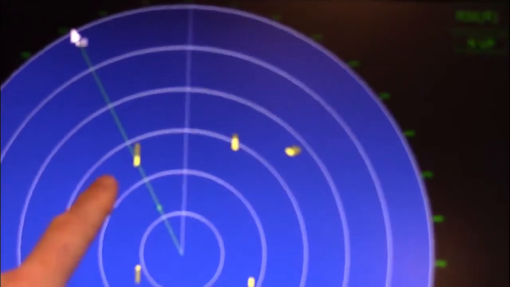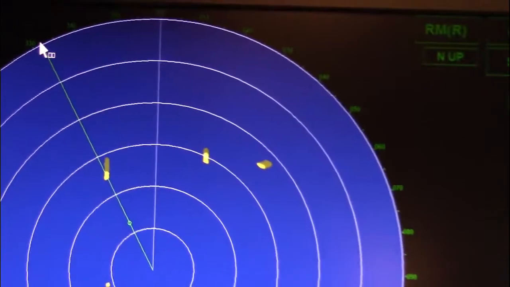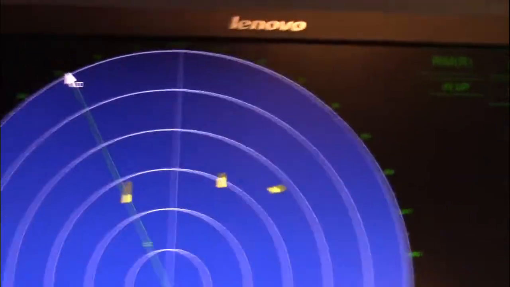And as we look here, we can see that that is a cruise ship. Now, according to the radar, you probably can't figure this out at the moment, but looking at the trail there, I'm thinking that that vessel's on a reciprocal course to us. So I come over here and I zoom in on that guy.